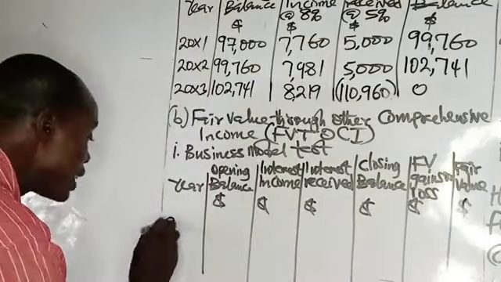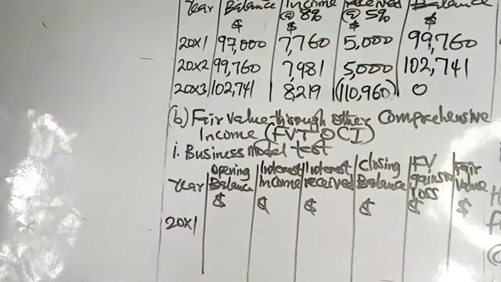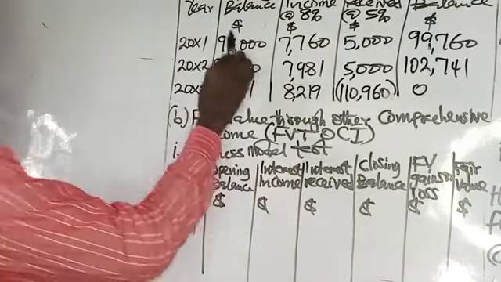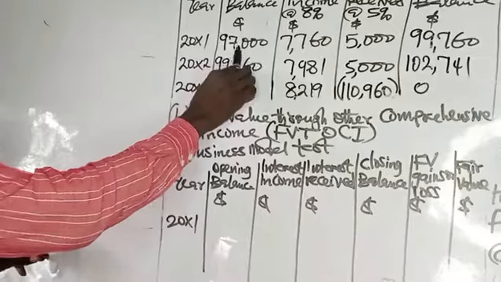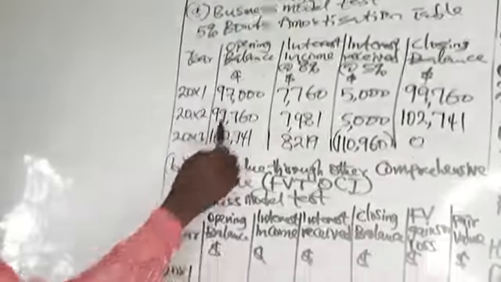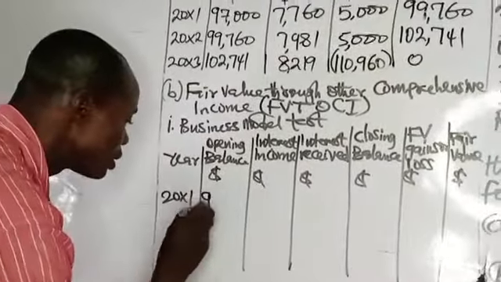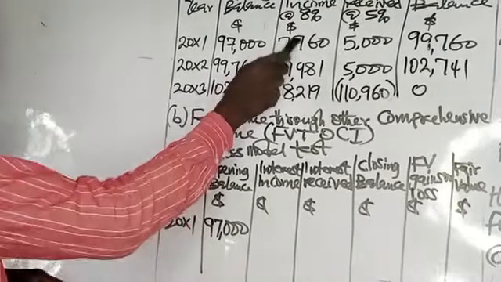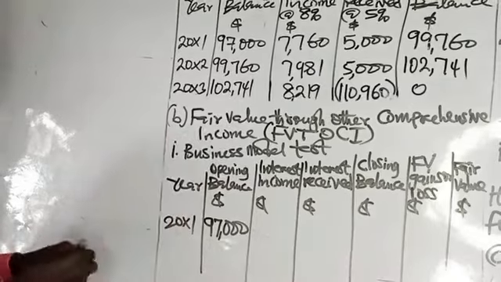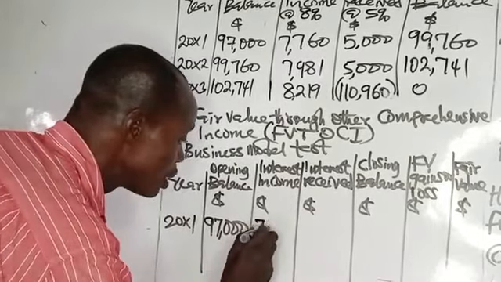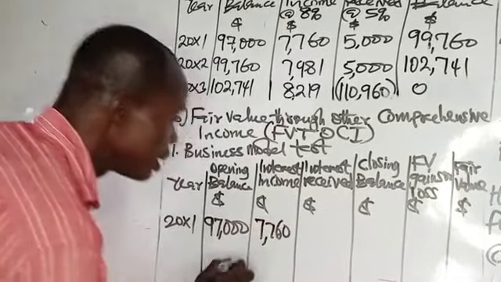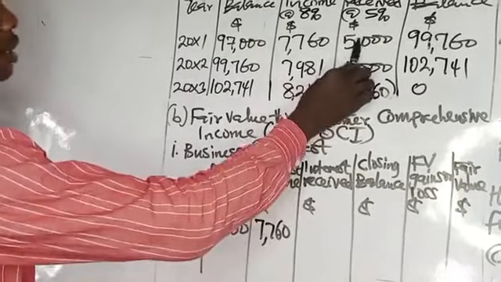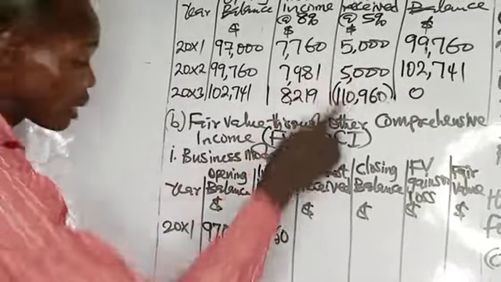The first year is 20X1. The opening balance remains 97,000. The interest income remains 7,760. The interest receipt remains 5,000 as calculated earlier.